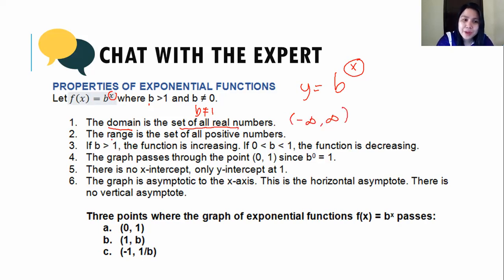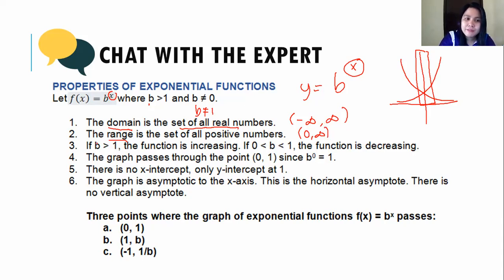Next, the range is the set of all positive numbers. If you see in our graph, whether it's increasing or decreasing, it only occupies the positive values of the y-axis. So it means that our range will be the set of all positive numbers.